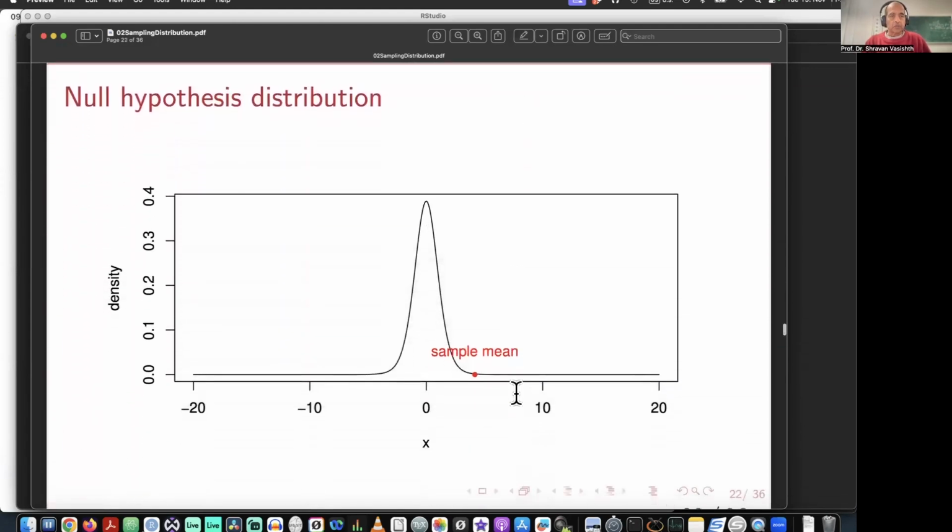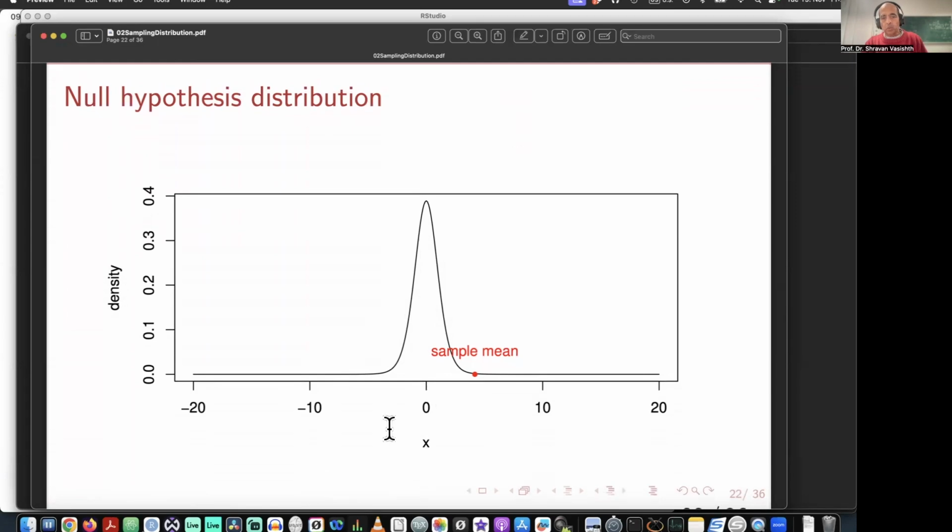Okay. So graphically, what this amounts to is that when we set up a null hypothesis that mu is zero, what we are effectively saying is that the sampling distribution of the sample means is centered on zero. So what I've drawn here is the sampling distribution of the means.